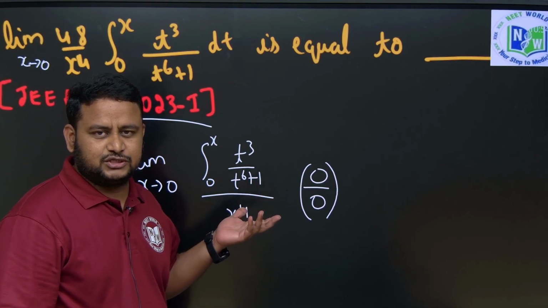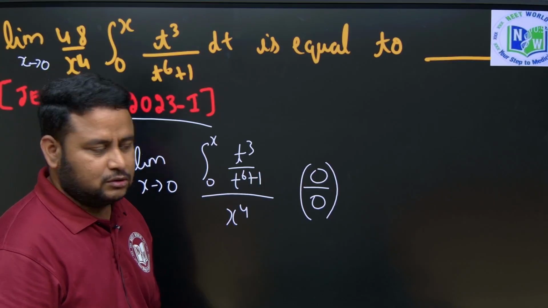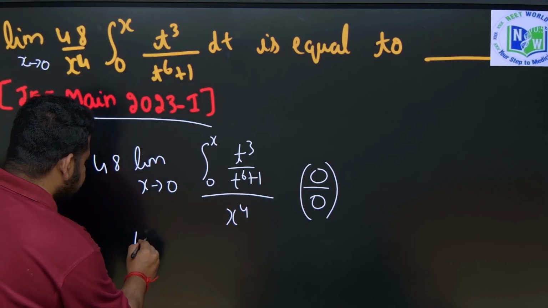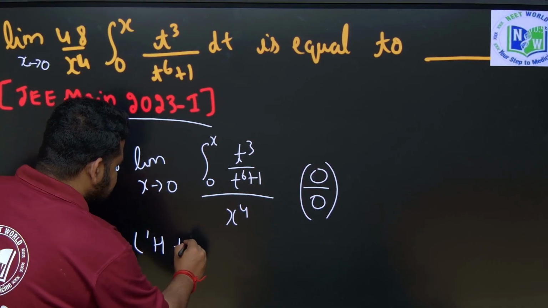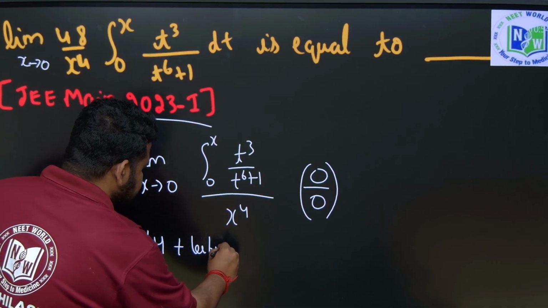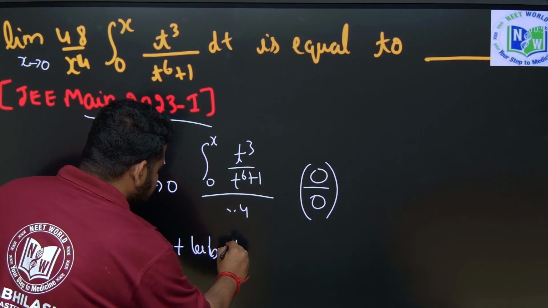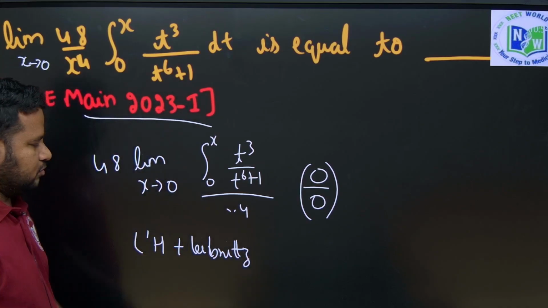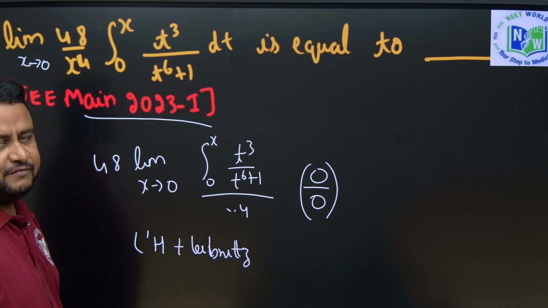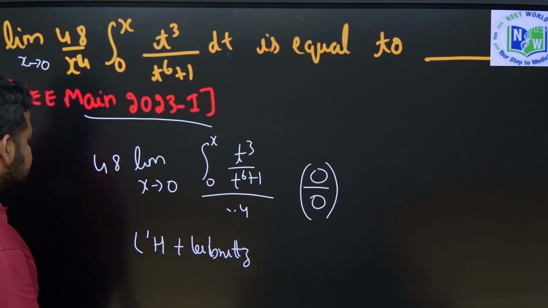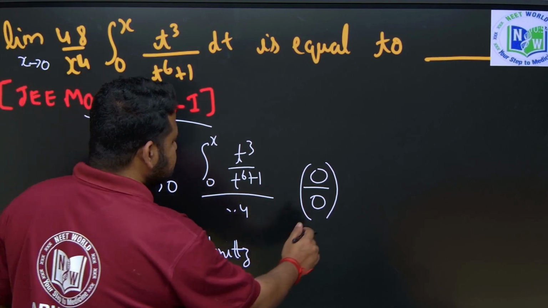So I should use our best friend, that is the L'Hospital rule. This question can be solved using the L'Hospital rule plus the Leibniz formula. So friends, proceeding, see here, let me write it here.